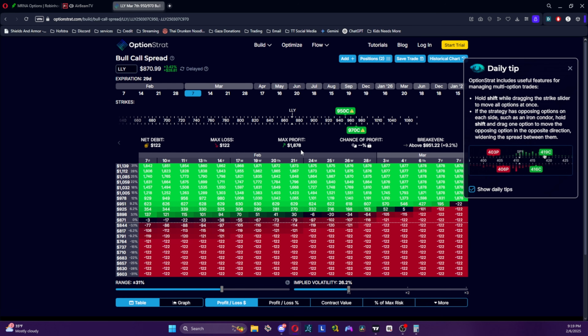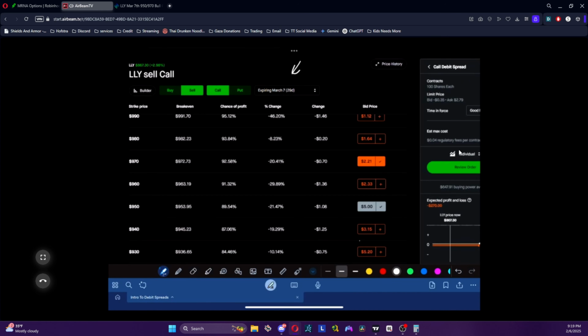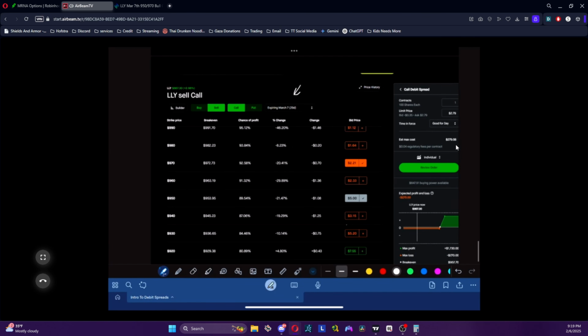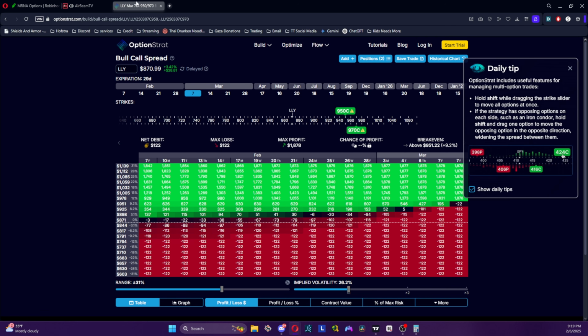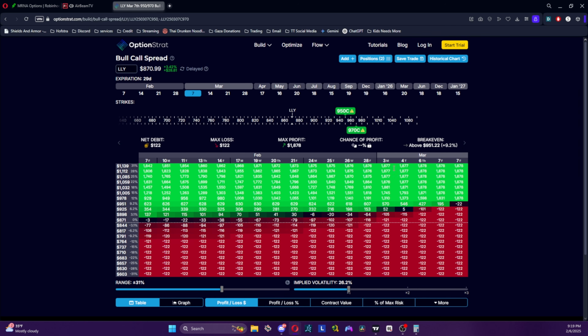All right. And then we're going to see here, it's going to bring up the similar prices as we saw here on the right. So let's adjust this. Actually, let me adjust the debit. But this should say 269.